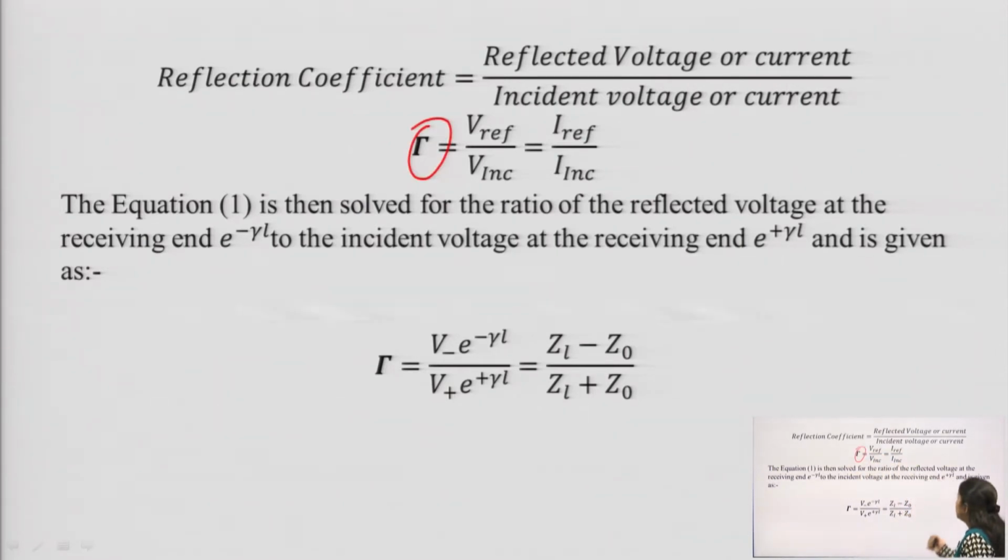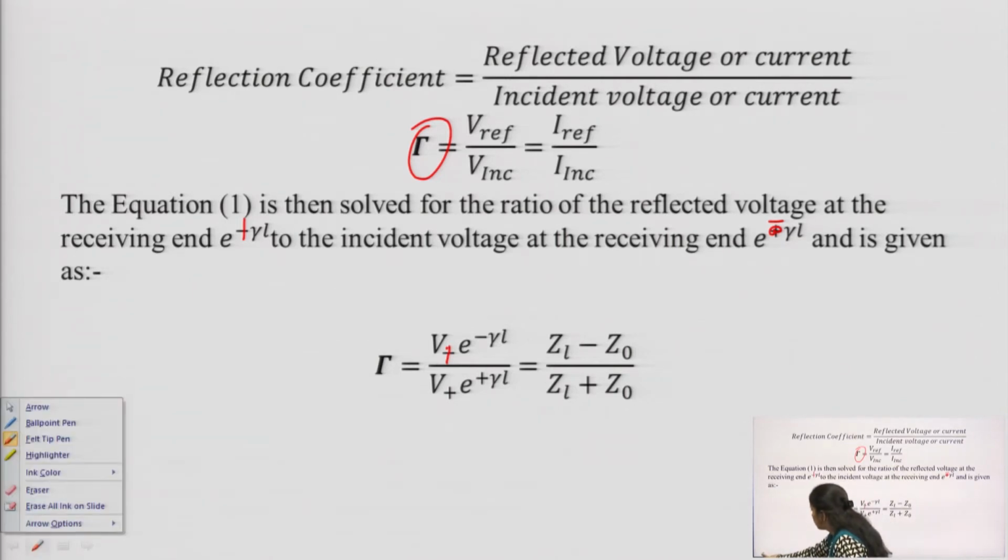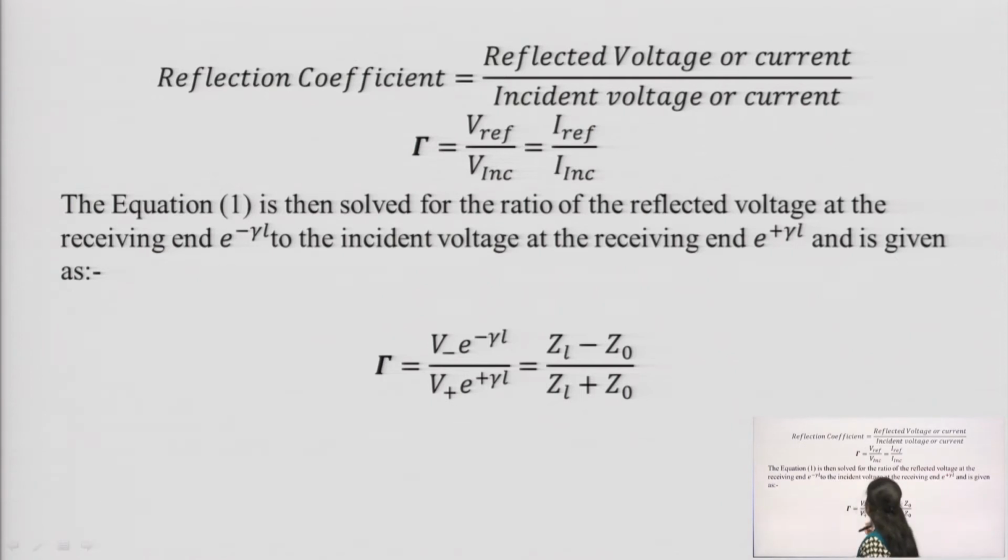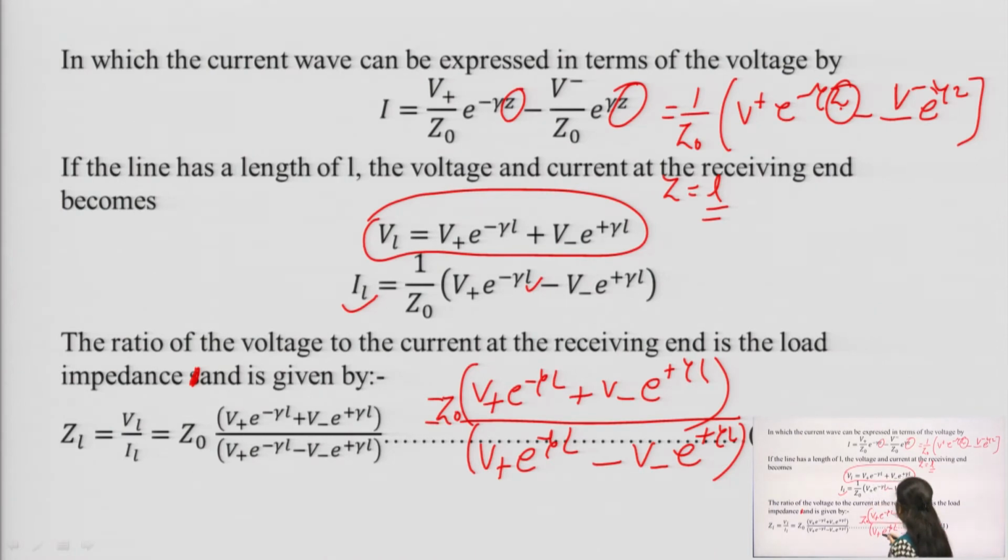So, here we have VL upon IL equal to Z naught times this expression with V plus e to the power minus gamma L. From this expression, basically, we derive the reflection coefficient.